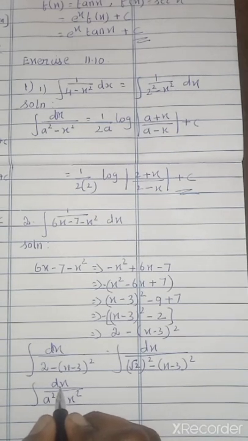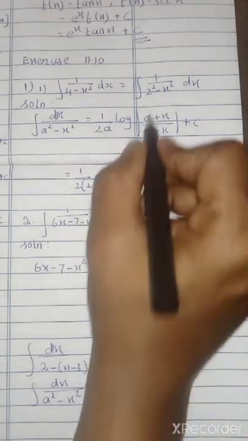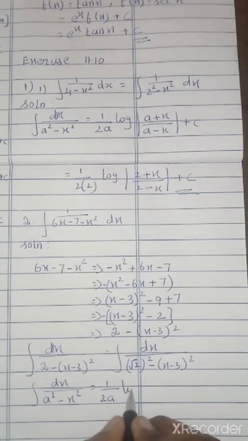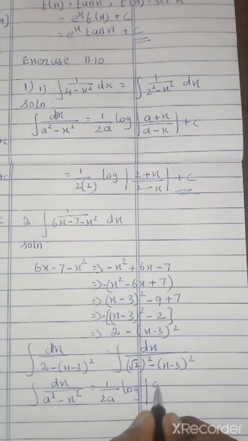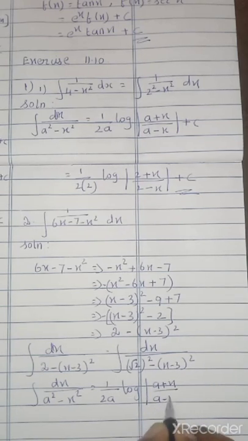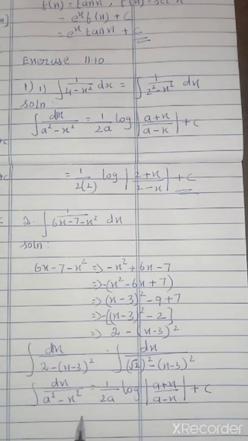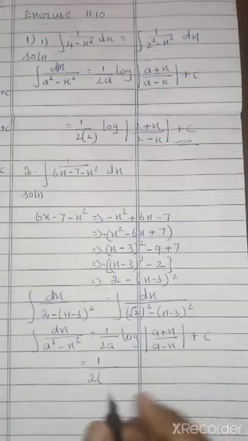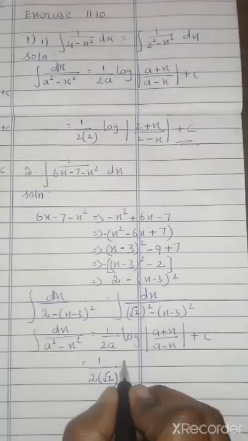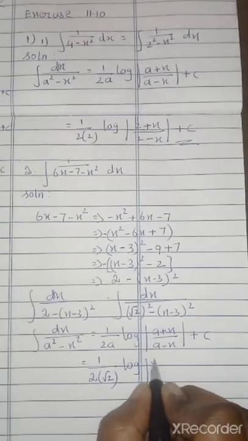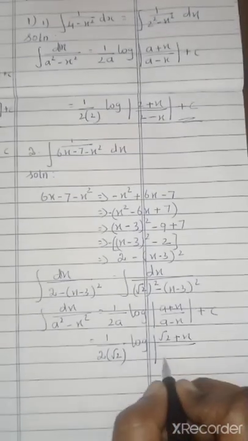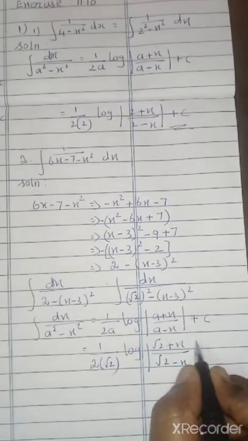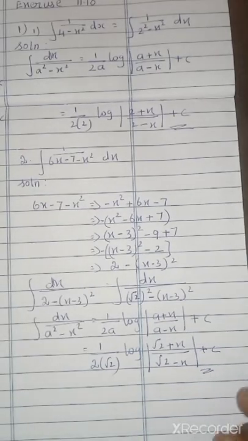What is a square minus x square formula? Same as your previous problem. 1 by 2a log a plus x by a minus x plus c, that is 1 by 2 into a value is root 2. So 1 by 2 into root 2 log mod root 2 plus x by root 2 minus x plus c is your final answer.